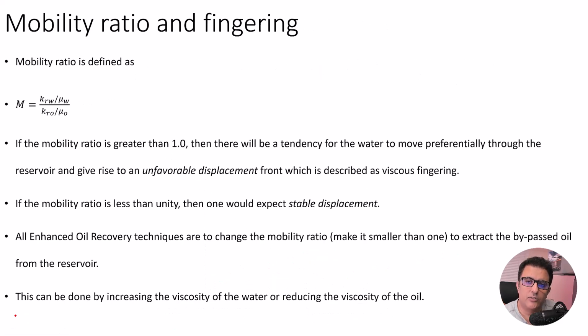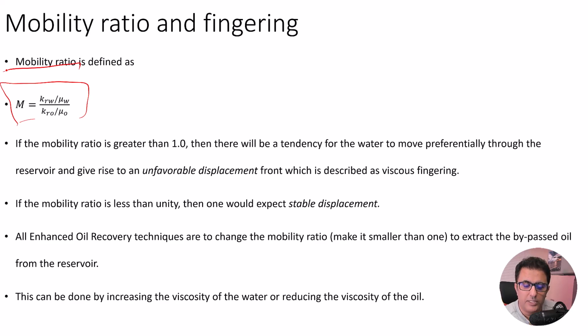Now let's go back and answer this question. When we have fingering within a reservoir rock, here you see an interesting definition called mobility ratio. It is defined as the relative permeability of water over water viscosity, over the relative permeability of oil over oil viscosity.